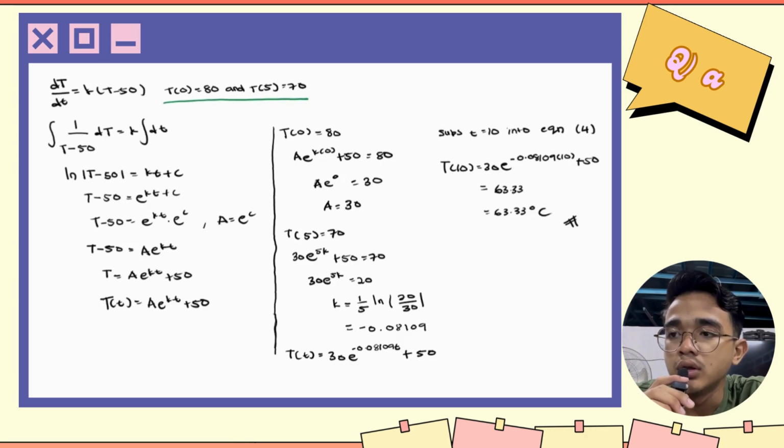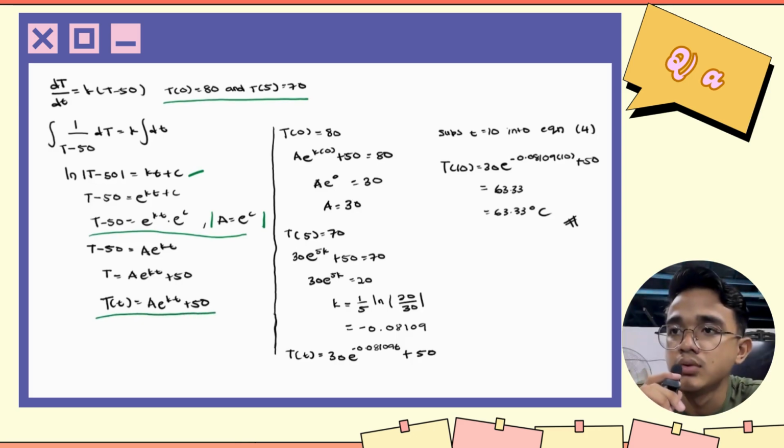Then ln|T - 50| equals kt + c. Then we move ln to the other side. We get T - 50 equal to e to the power of kt + c. We separate e to the power of kt from e to the power of c and assume that A equals e to the power of c. So we get the general equation T equals A e to the power of kt plus 50.